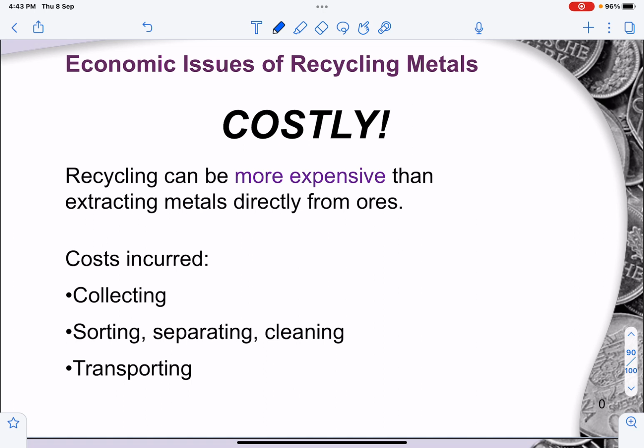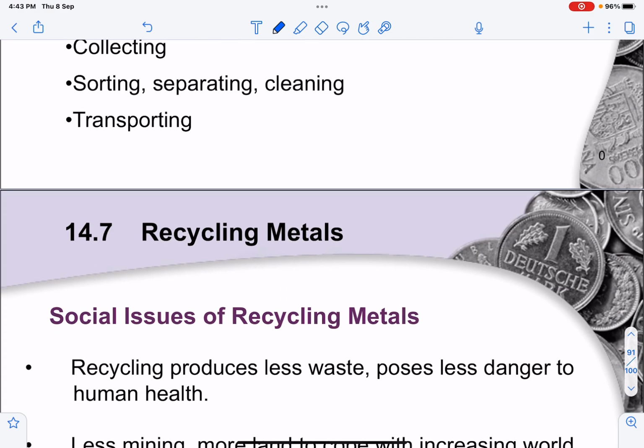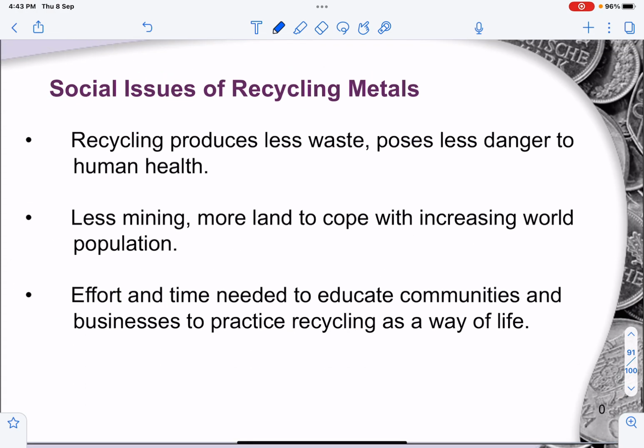Recycling sometimes, on the other hand, can also be more expensive than extracting the metals directly. This can be due to the cost of collecting, sorting, separating, cleaning, or even transporting it. There are also some social issues of recycling metals, where recycling helps to provide less waste and of course pose less danger to human health. There is less mining, so more land can help to cope with the increasing world population.